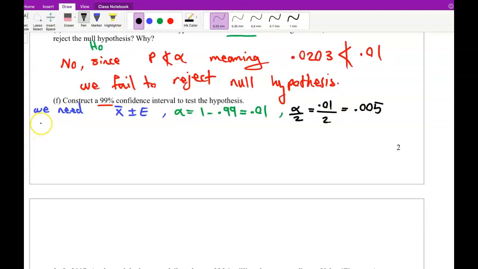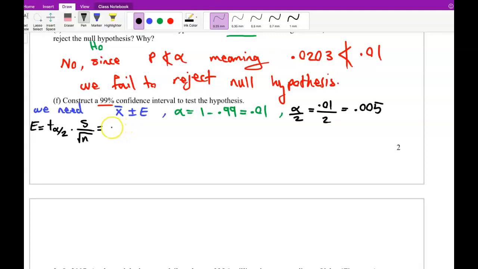Now finding the margin of error, and then finding the lower bound and upper bound to find our interval. So t times the standard deviation divided by the square root of n.